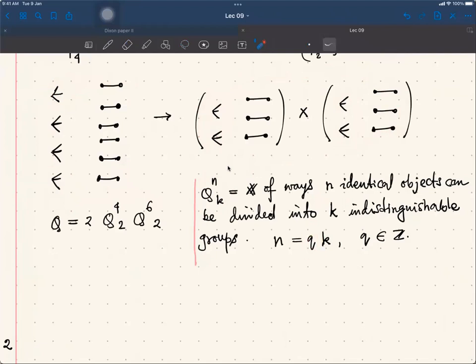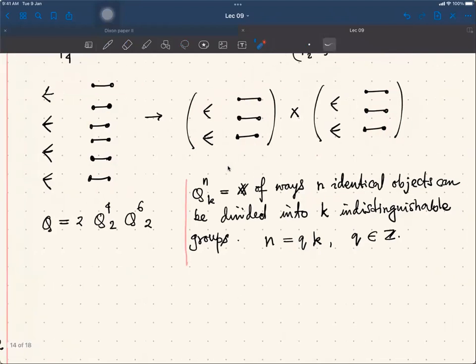Similarly, we start with 6 propagators, and we are dividing them into 2 groups. Here q should be 3, and these 2 groups are identical. I am dividing 6 identical objects into 2 groups, each having 3 identical objects, and these 2 groups are also identical, not distinguished, because if I take an example.